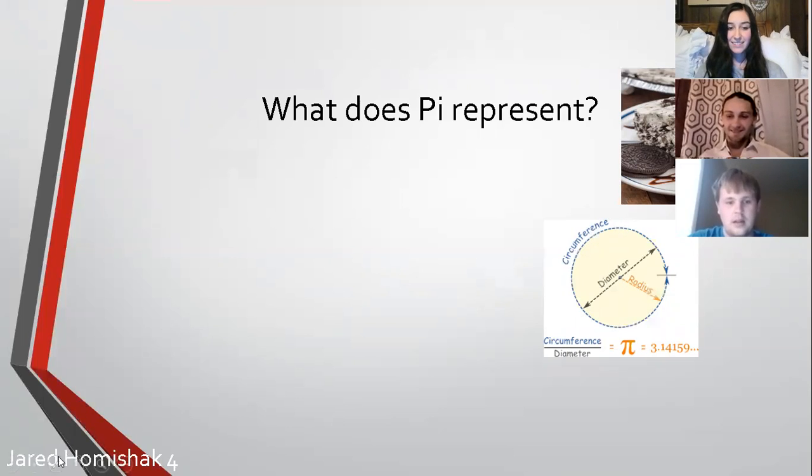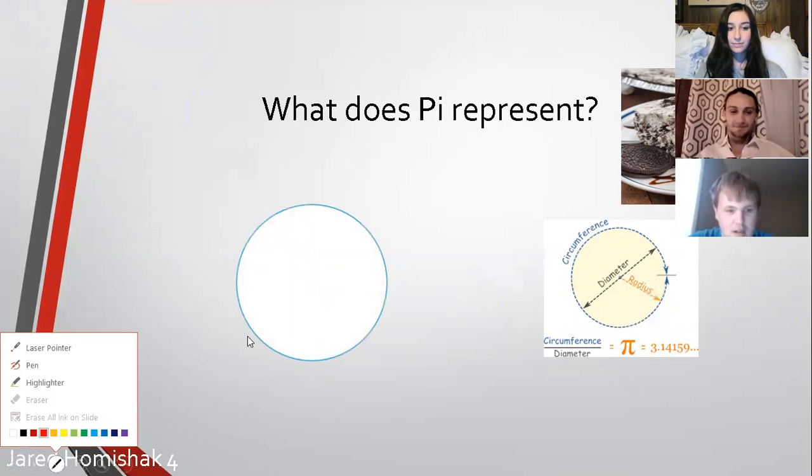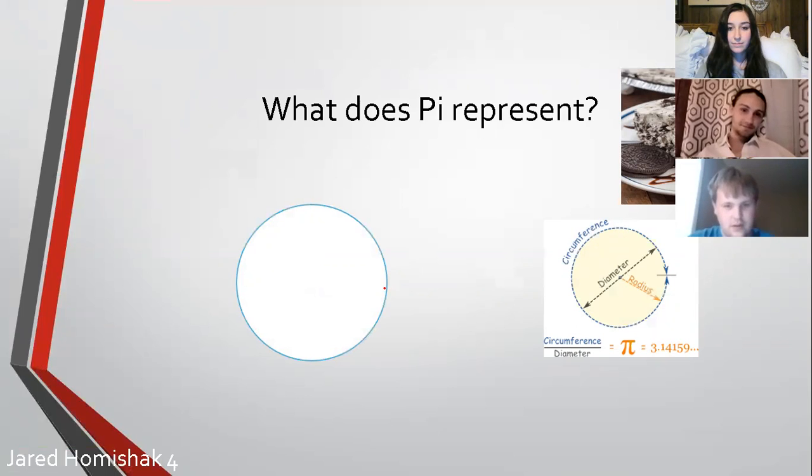And basically, in terms of our circle here, let me demonstrate it for you. For the area of the circle, the formula for that is, all right, it won't let me draw on this one. But basically the area of a circle is pi times your radius squared.